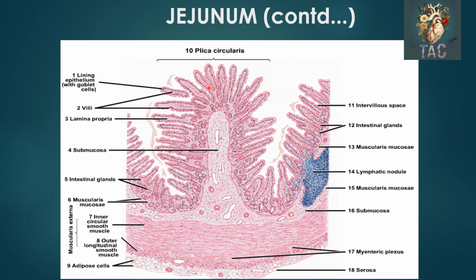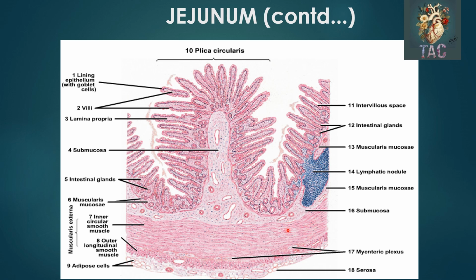These are finger-shaped or leaf-like elevations forming the villi, and the surface cells are covered by microvilli. The epithelium dips inside to form the mucosal glands present in the lamina propria. And then there is the muscularis mucosae, which you can see over here.